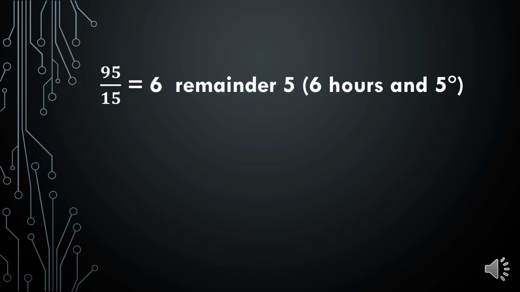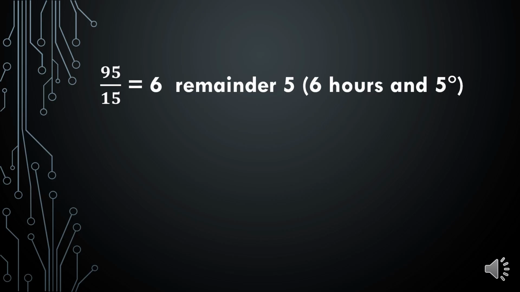We do this by dividing our 95 degrees, which is our longitude, by 15 degrees. Our 95 degrees west, when divided by 15 degrees, is equal to 6 and remainder 5. 6 hours and 5 degrees.